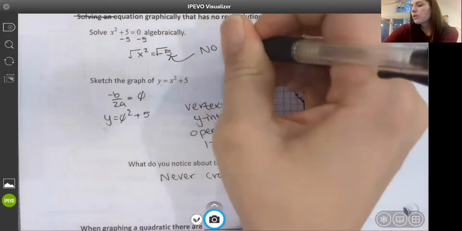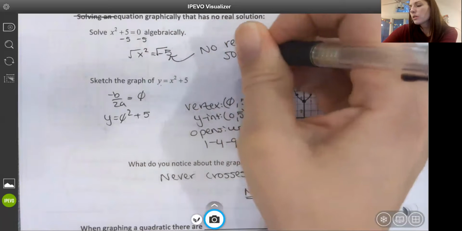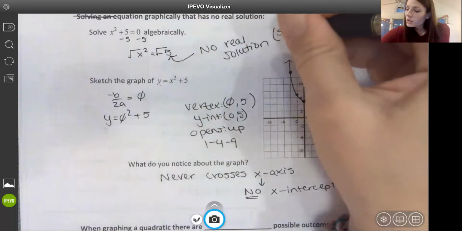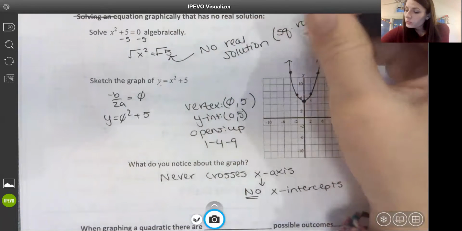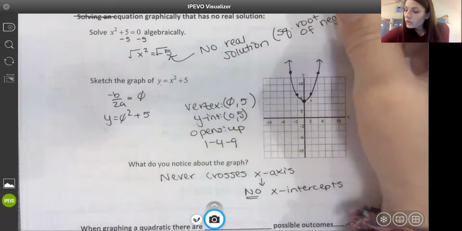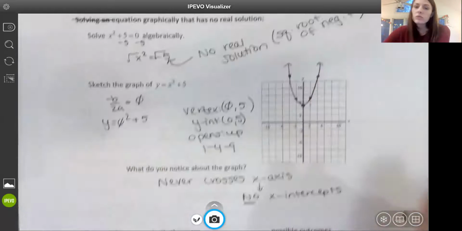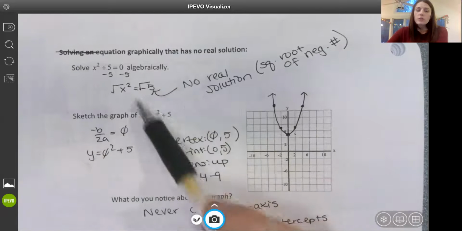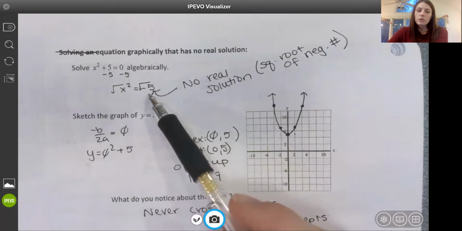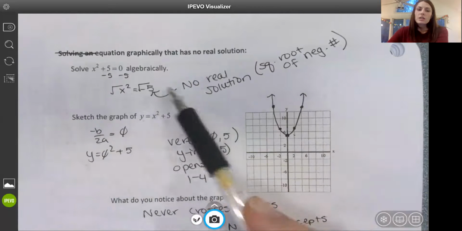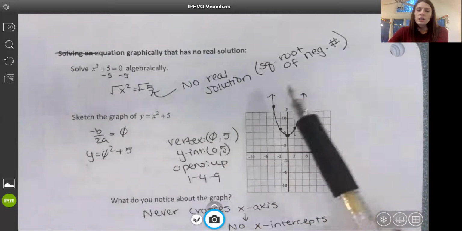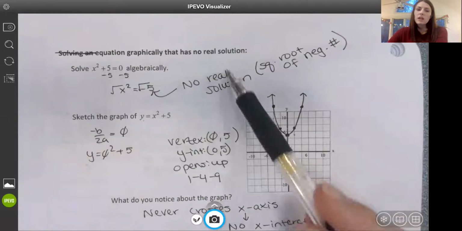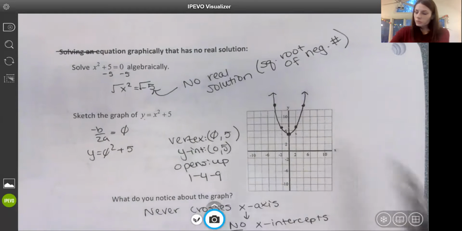And we'd write no real solution, cannot take the square root of a negative number, okay? So if this had been at the beginning of this unit, we wouldn't be able to solve this algebraically, or we'd write no real solution. And now we can see that this quadratic graphically never crosses the x-axis, has no x-intercept. So they have that relationship there.